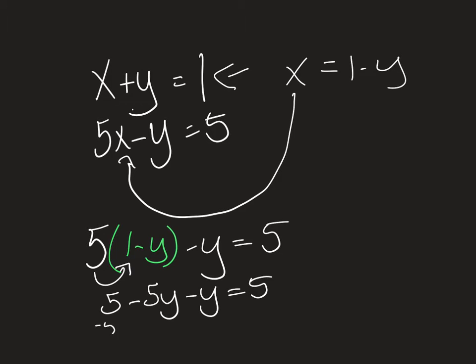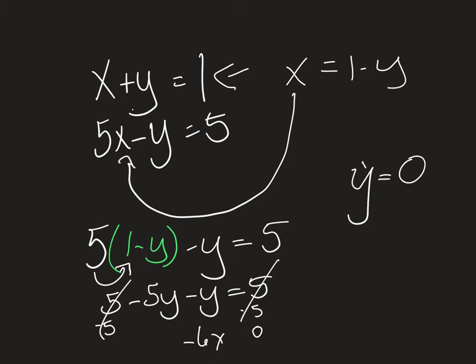I'm going to subtract 5. Subtract 5 gives you 0. I'm going to combine negative 6y, but when I go to divide, I'm going to get what? Y is going to equal what? 0, because 0 divided by negative 6 is 0, okay?